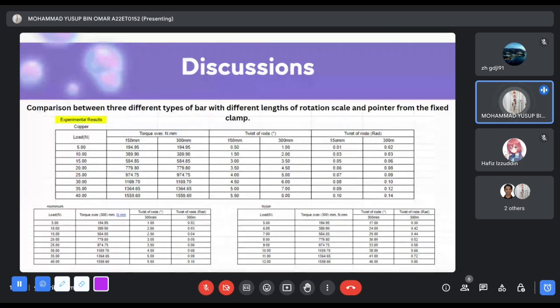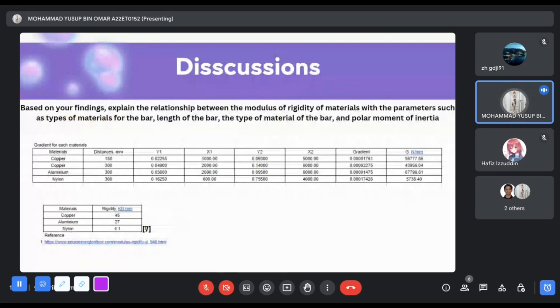So the last discussion is based on your finding. Explain the relationship between the modulus of rigidity of the material with the parameters such as type of material of the bar, length of the bar, and polar moment of inertia.